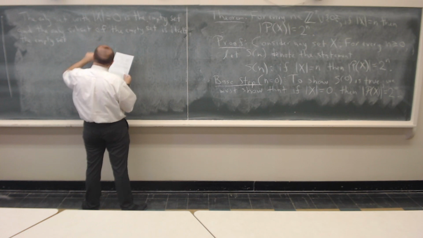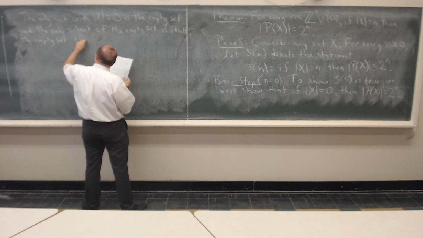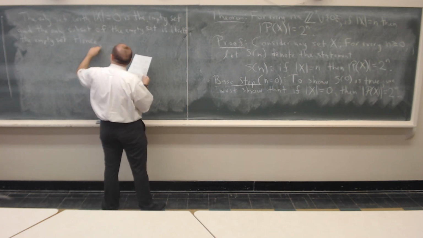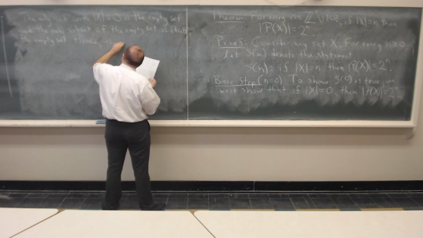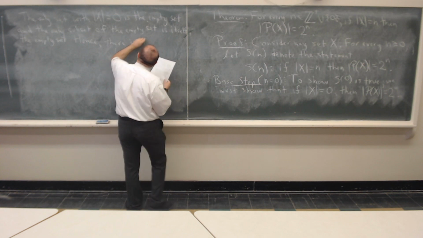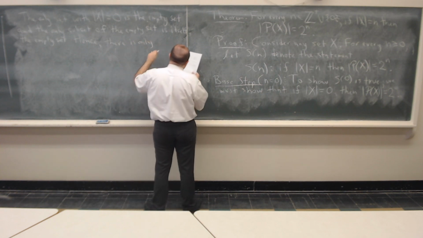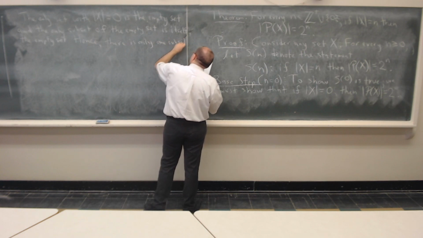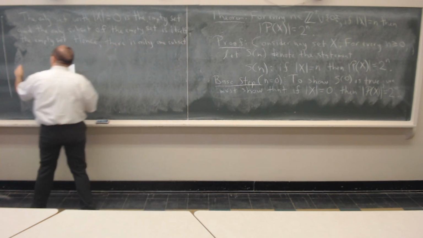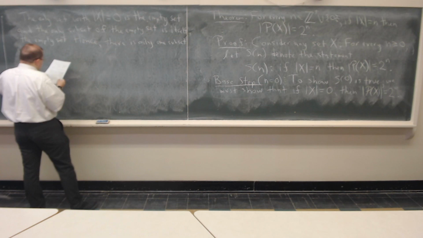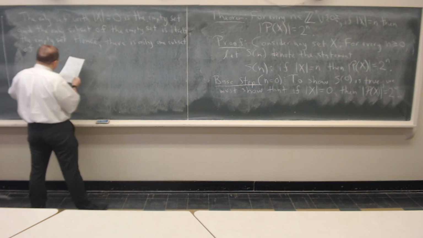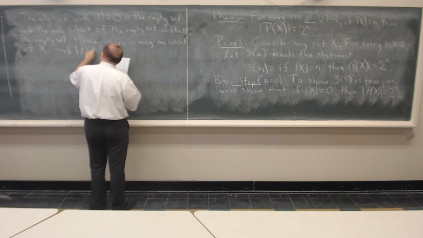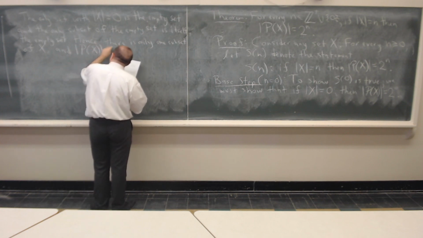So, hence, there is only one subset of X, and the cardinality of the power set of X is equal to 1.